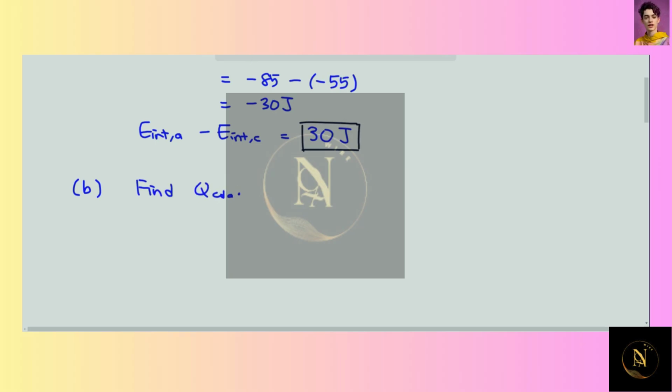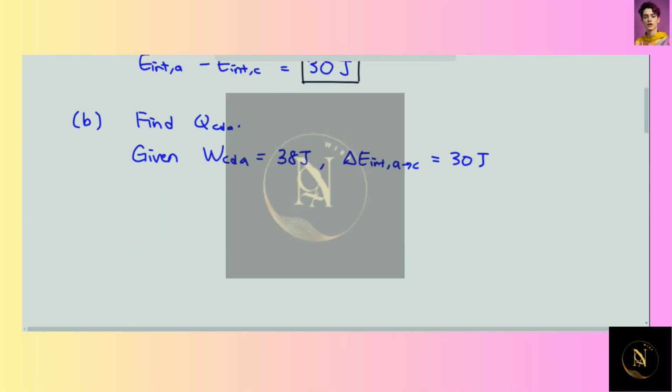We are given that WCDA is 38 joules, and delta E internal A to C is equal to 30 joules, right?